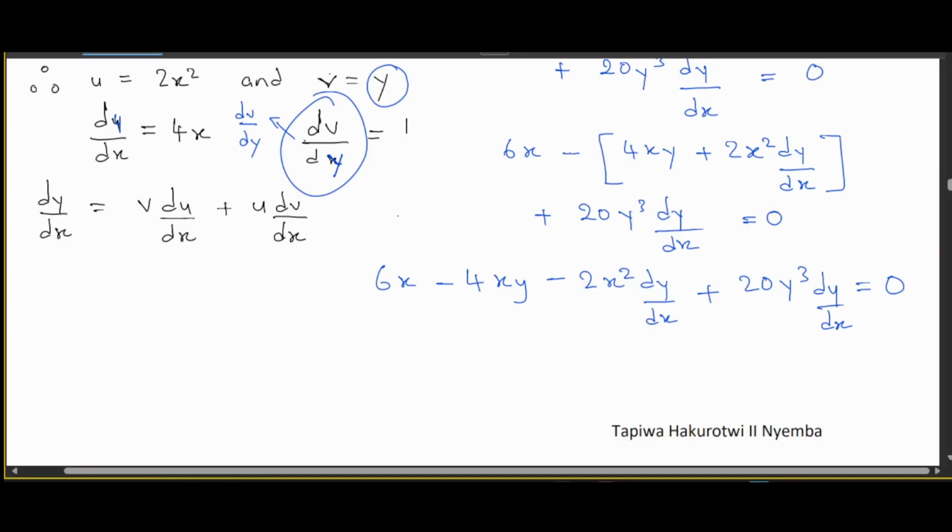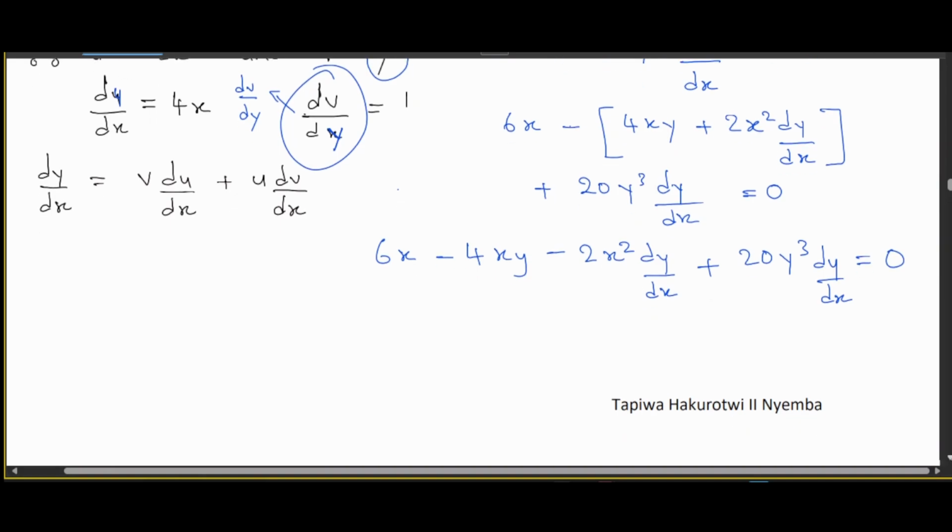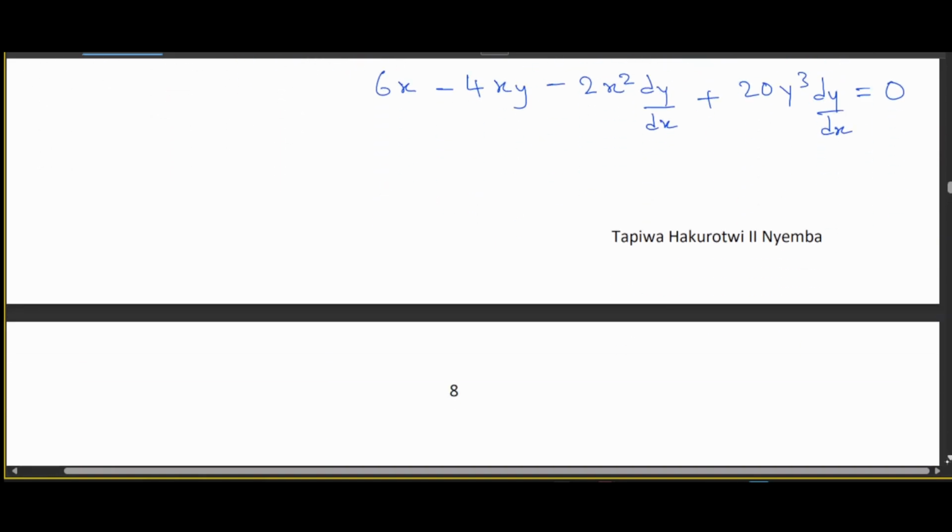Zvatiri kuda panapa toda kuita make dy dx subject of formula. Saka kuti tite make dy dx subject of formula, let me copy that kuside kunoko.